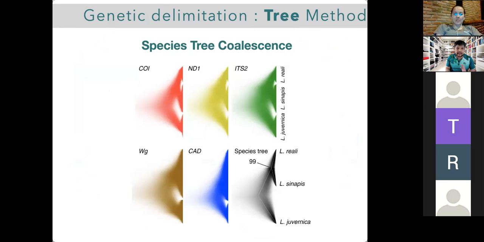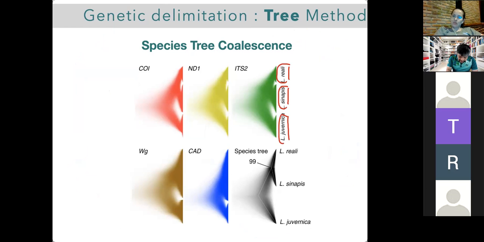You look at as many genes or regions as you can get data on. For example, here we know for sure there are 3 species of this group.